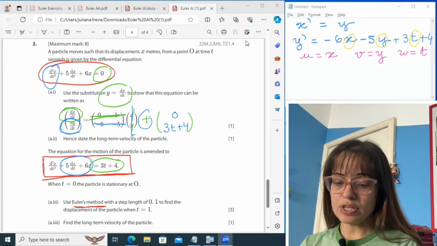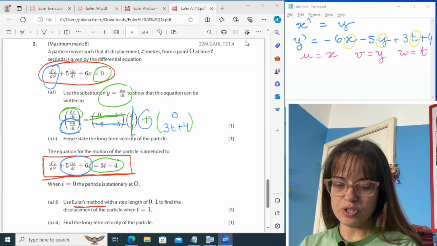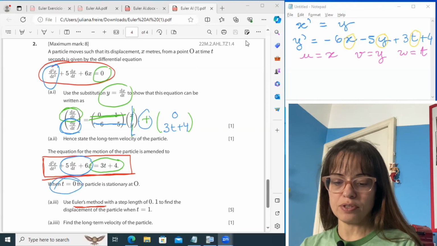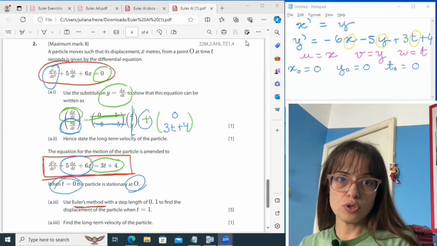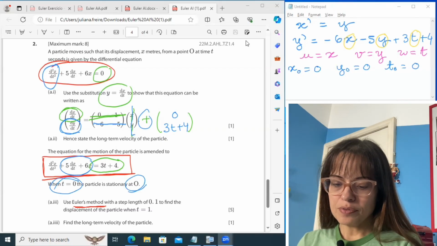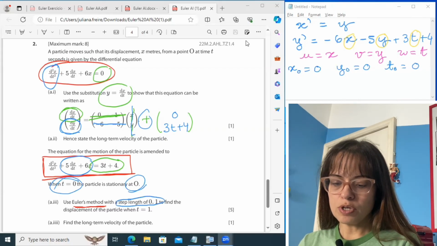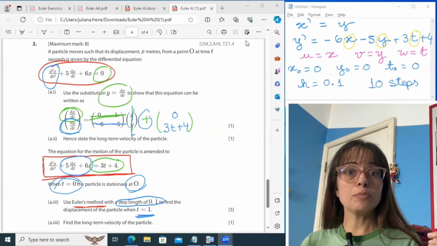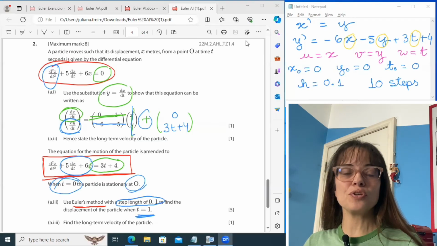So anyway, the rest of the information in the problem: we start at t0 with the particle at the origin. So all the initial conditions are 0. The step length is 0.1, and he wants to go to t equals 1, so that's 10 steps. And then I'm not going to plug that in the calculator. I'm just going to leave that as an exercise for you.